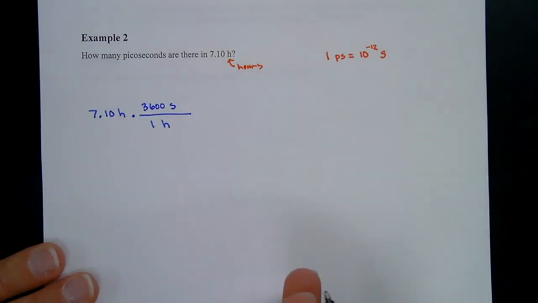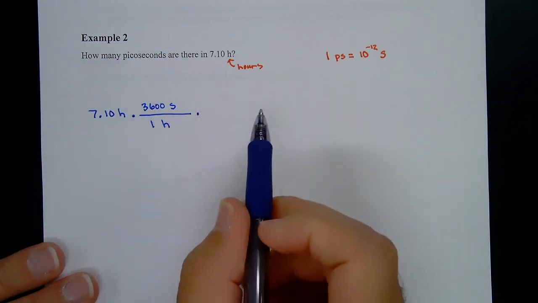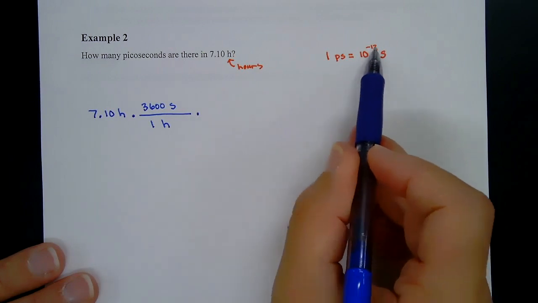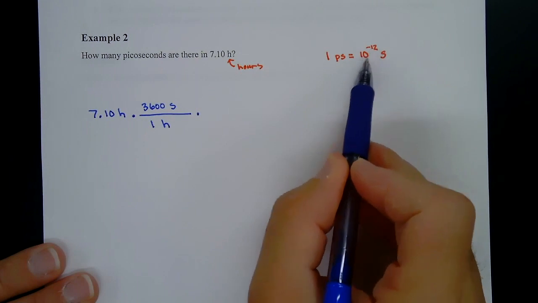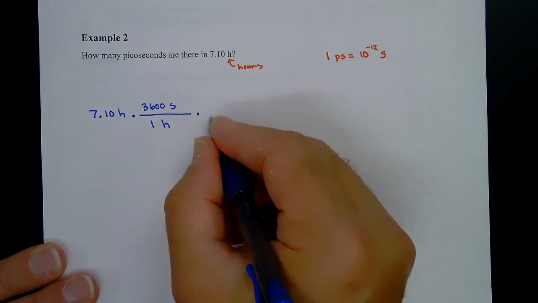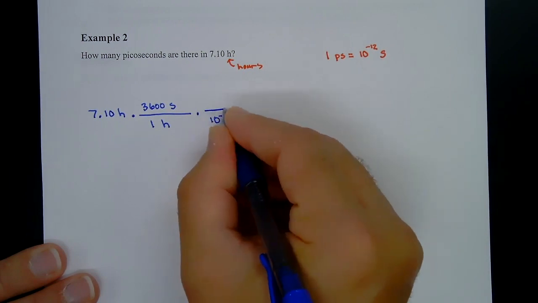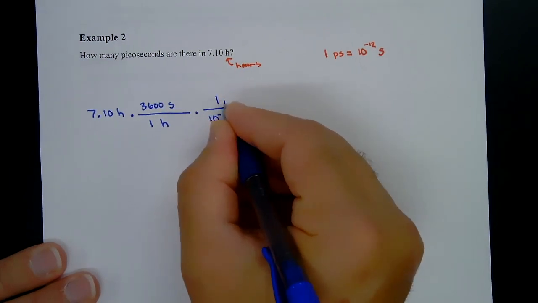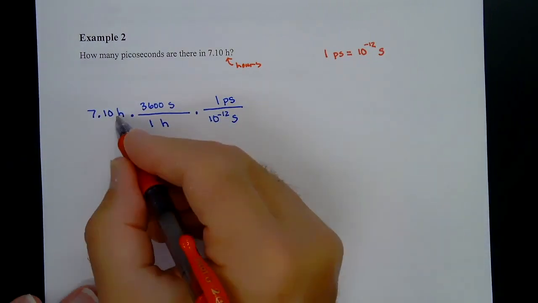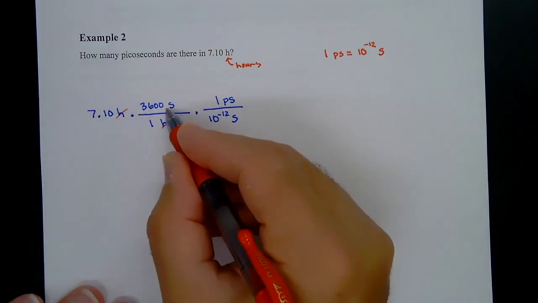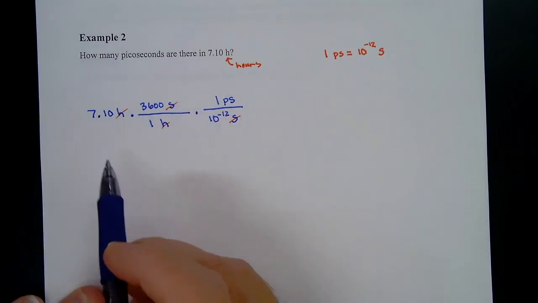So now I have the number of seconds, and then I need to convert to picoseconds. Well, I know 10 to the negative 12 seconds. The other day I was doing 1 times 10 to the negative 12, but you can do just 10 to the negative 12. So 10 to the negative 12 seconds is equivalent to 1 picosecond, and I want those on top. So my hours cancel, my seconds cancel.